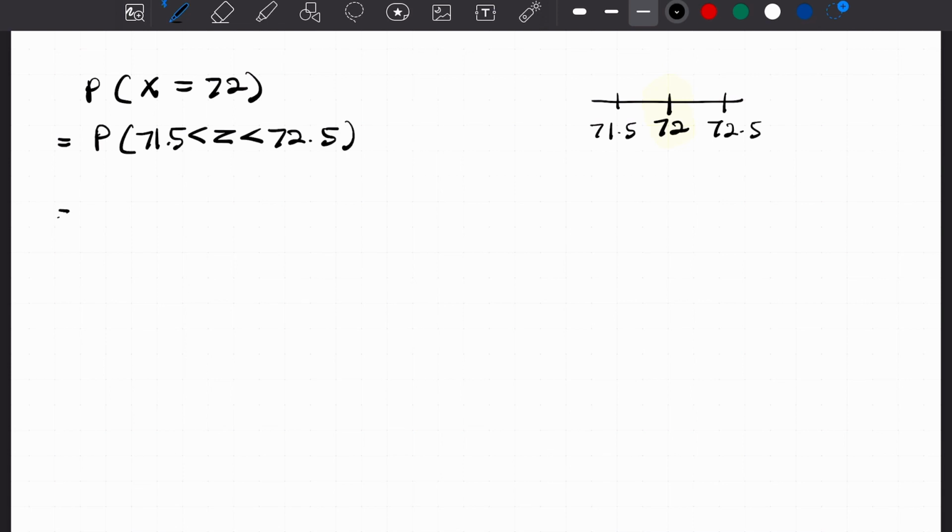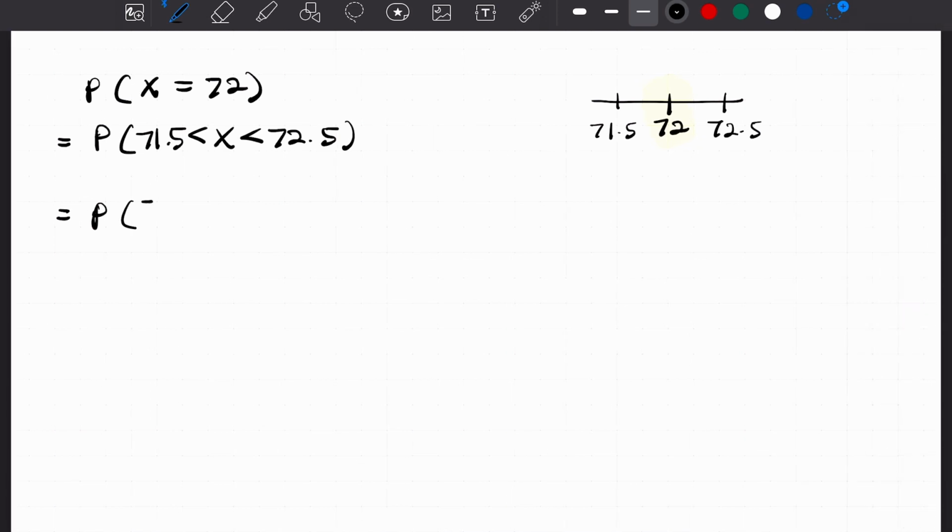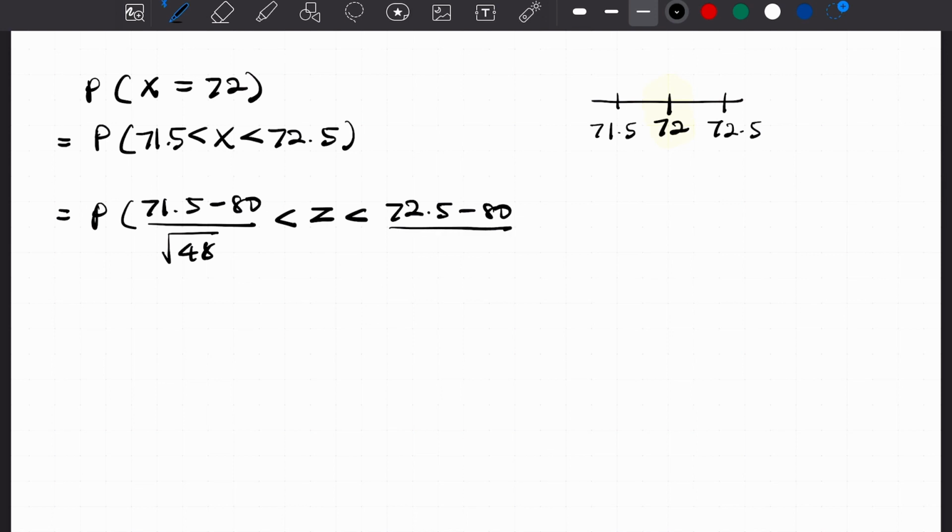So let us standardize. We are not yet standardized actually, so just put X here. Now we would like to standardize. So 71.5 minus 80 divided by the standard deviation, which is square root of 48. Now we write down the variable Z. So 72.5 minus 80 divided by square root of 48.